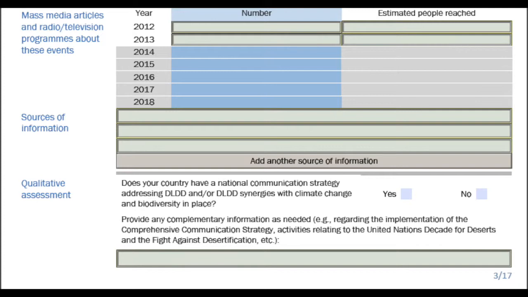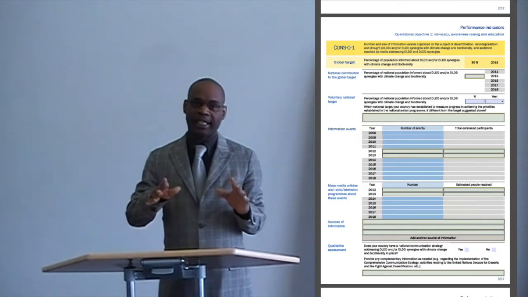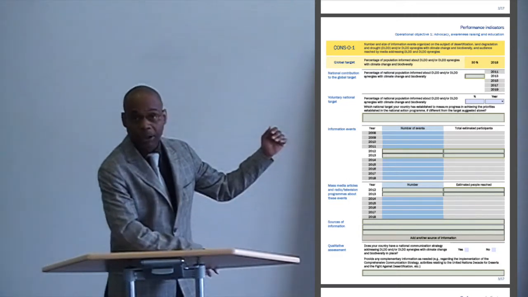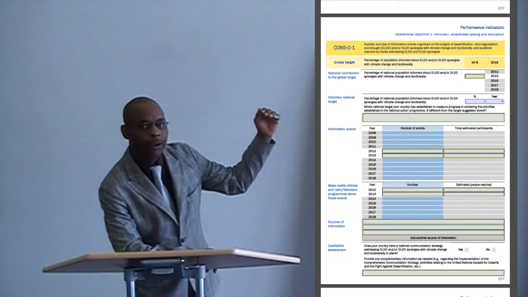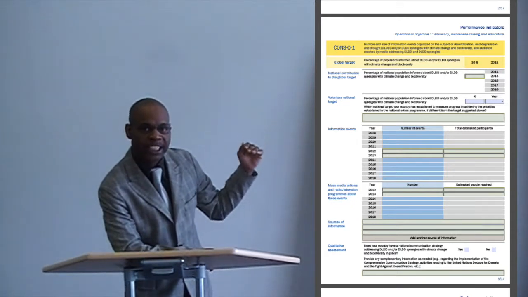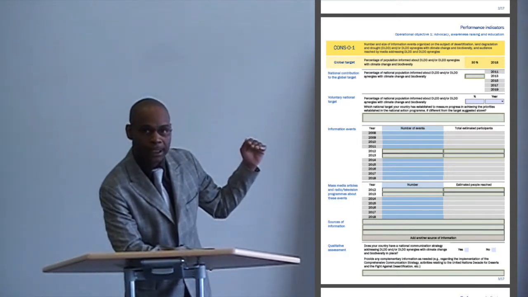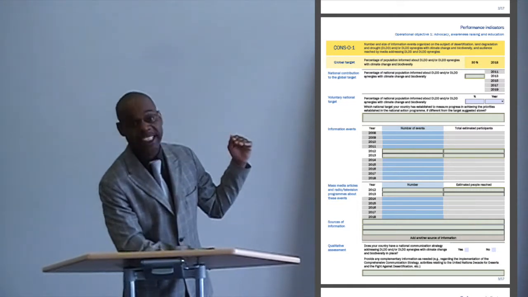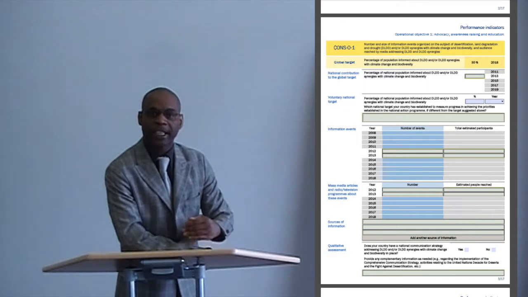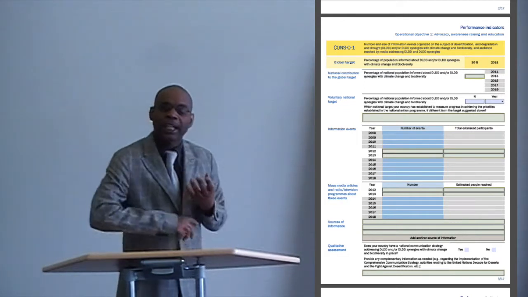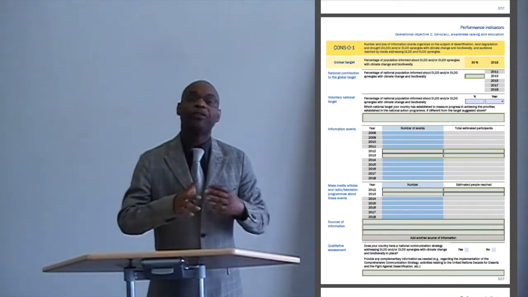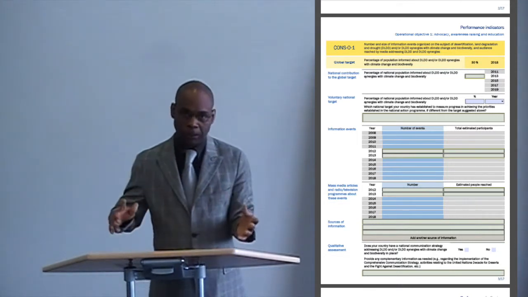So let's take the whole picture now of this consolidated indicator. As you can see here, you have all of these sections, right? And if you follow it logically, it is easy to fill out. What is important for you to know is that in each of these sections, the information you provide is what would be used to review the implementation process.